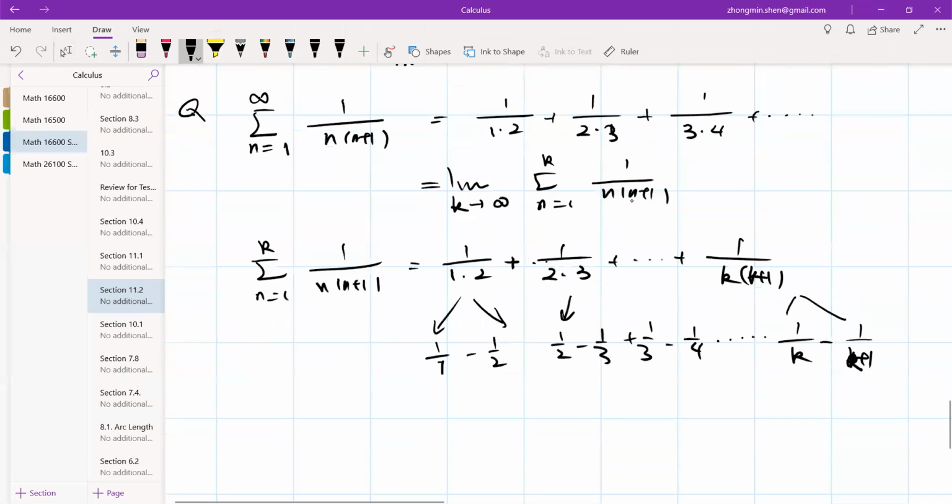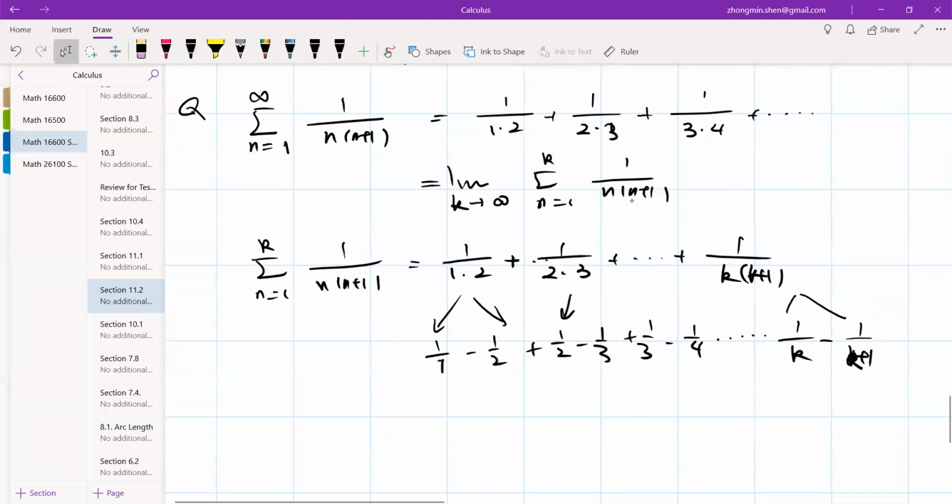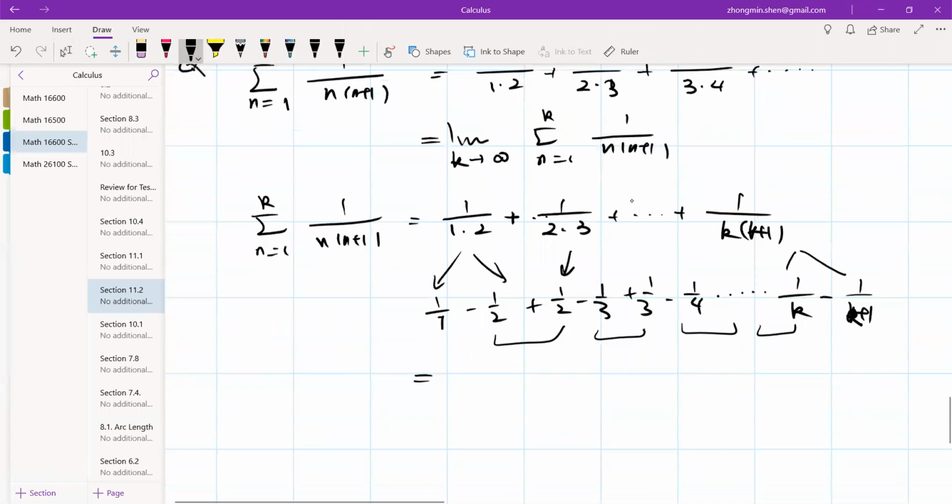Then there's plus between all of them. Then you look at those, they all cancel out in the middle. So what is left is just 1 over 1 minus 1 over k plus 1. Great. Then it's easy to see it approaches 1 as k approaches infinity.